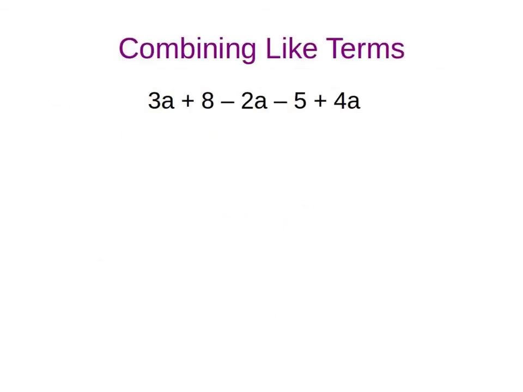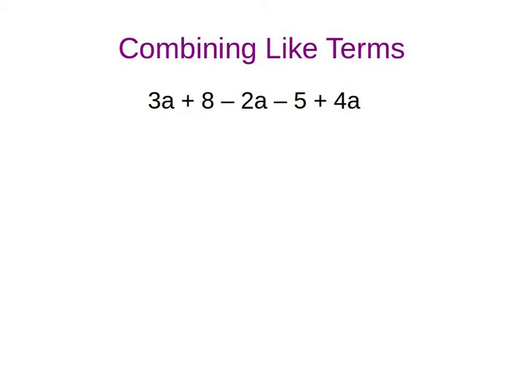After we identify our like terms in an expression, we can combine them to simplify the expression. This is called combining like terms. Let's take a look at the expression 3a plus 8 minus 2a minus 5 plus 4a.